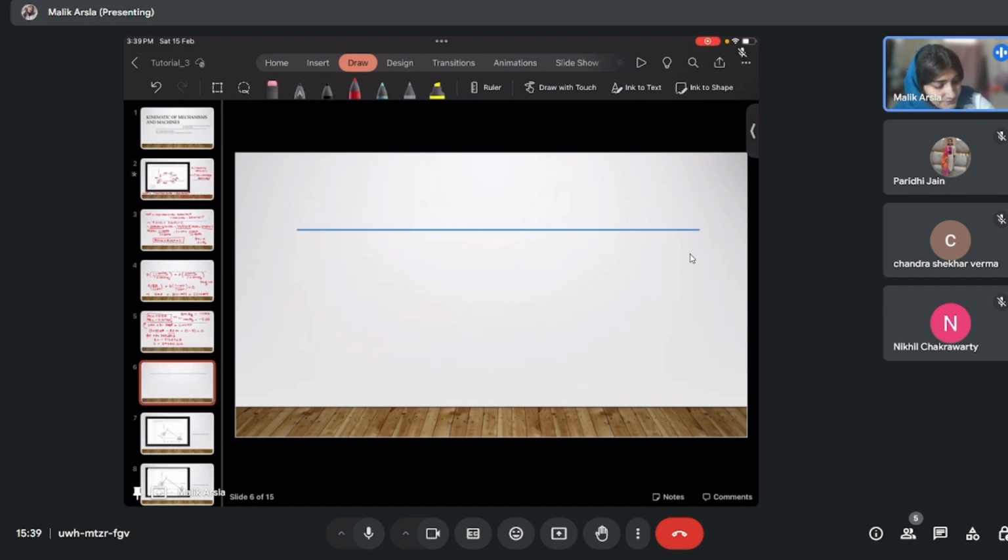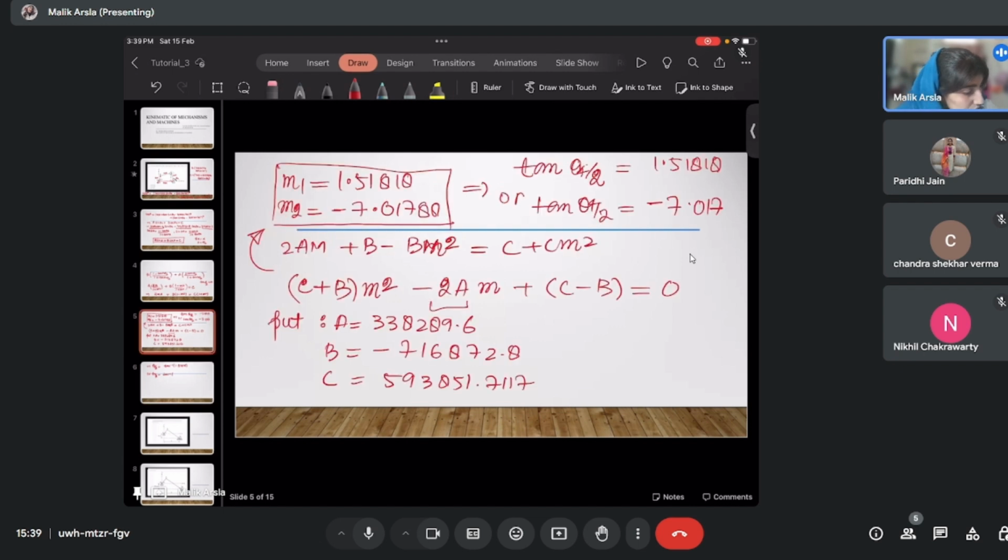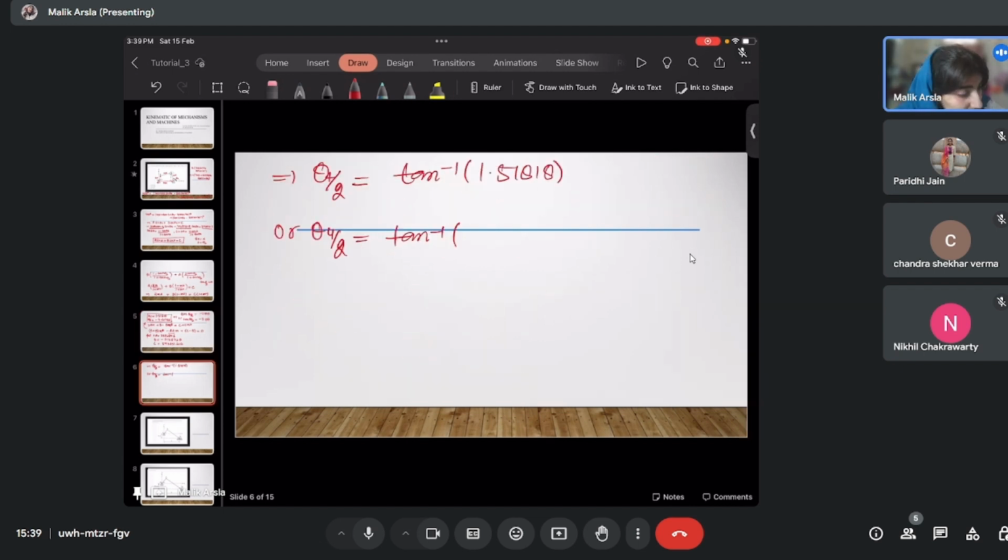Now from the first solution, theta 4 by 2 is equal to tan inverse of 1.51818, or the second solution is theta 4 by 2 is equal to tan inverse of minus 7.017.